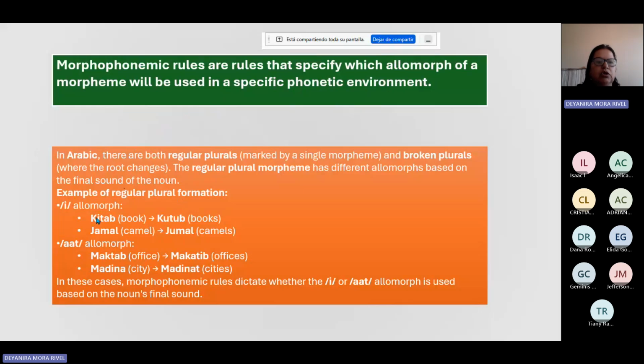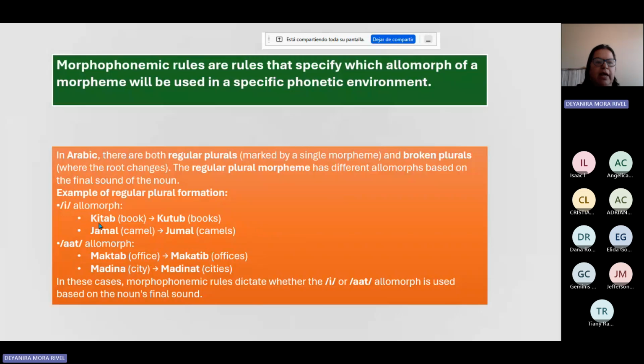So in this work, we're going to read it like it is, right? Kitab, which is book. To make the plural, the word becomes kutub. So what are we changing there to make it a plural? See that it's completely different. Okay, we're changing the vowels.